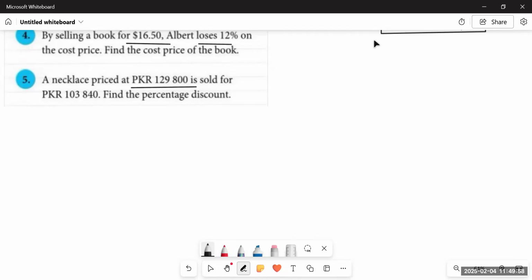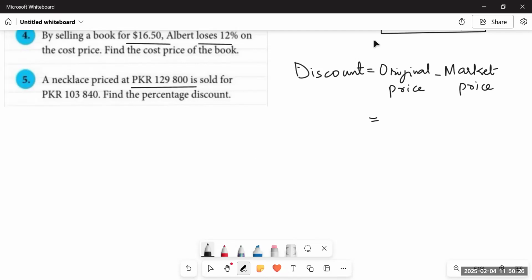First we have to calculate what discount he offered, and then we will calculate the percentage discount. How can we calculate the discount? Very simple: original price minus market price. The original price is 129,800, and the price at which it was sold was 103,840.